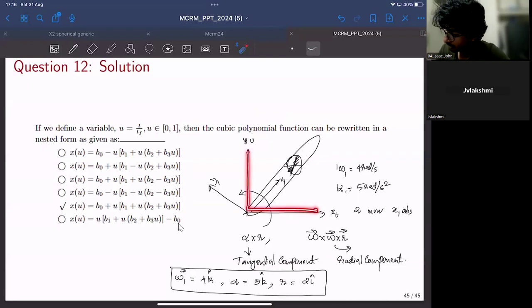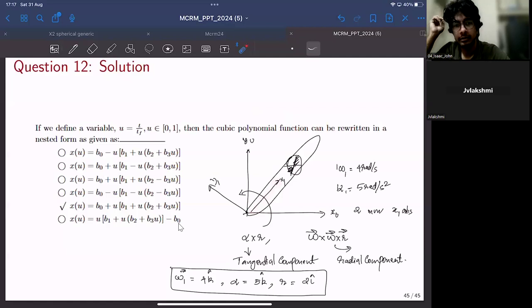Now, sir, alpha is in which direction? Alpha is 5K, along the z direction, since it's a revolute joint. And what is the R direction? R would be along the x1 axis, 2I.